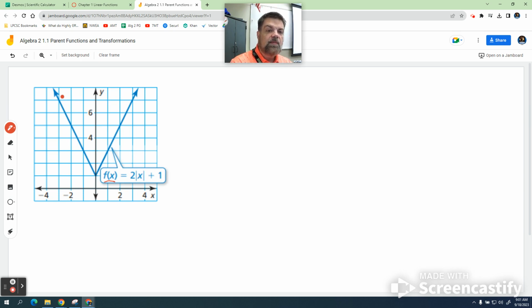So if I think about this in my function model, this is my x input, right? It goes into this equation, which is 2 times the absolute value of x plus 1, and then it kicks out an output, which is y.